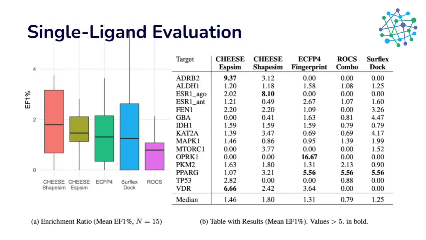In a single ligand evaluation, which means that we have one ligand, we are searching by the ligand and scoring the active and inactive compounds in a validation set based on similarity to this ligand. CHEESE performs the best, both from ShapeSim and ESPSim. You can see that after CHEESE ESPSim, there are ECFP4 fingerprints, then Surflex-Dock, and well-known ROCS combo 3D similarity.